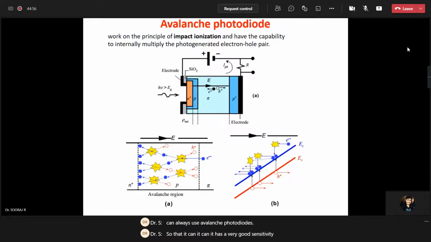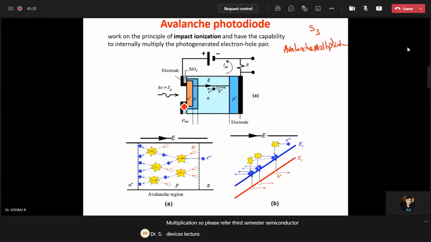This would ensure that even the weakest signal you receive can be significantly amplified. Amplified in the sense you can multiply the number of electrons. It does the multiplication of electrons by a process called, you might have studied about this, avalanche multiplication. Please refer to the third semester semiconductor devices lecture.